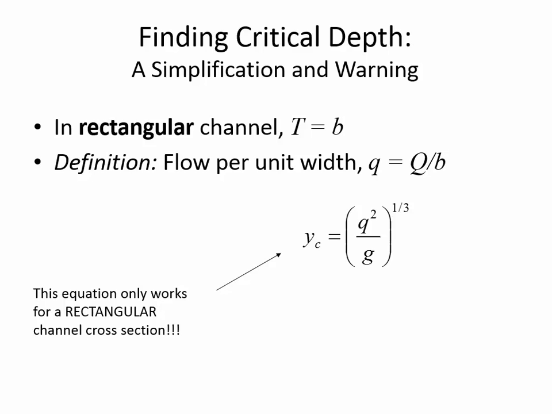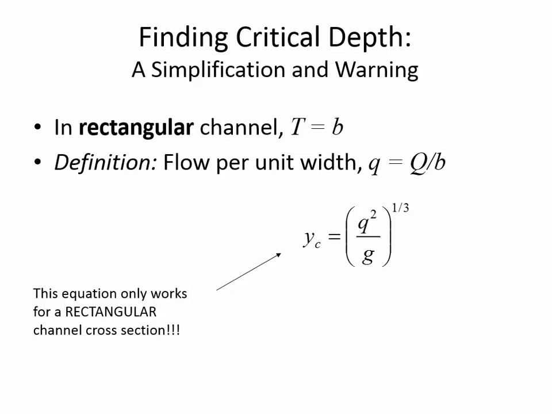It's easy to calculate the critical depth when we've got this formula, because the flow per unit width is giving us a simplification here. So critical depth is 2.5 meters squared per second, squared, divided by g, 9.81 meters per second squared, and take all of that to the 1/3 power, and then the critical depth is 0.860 meters.